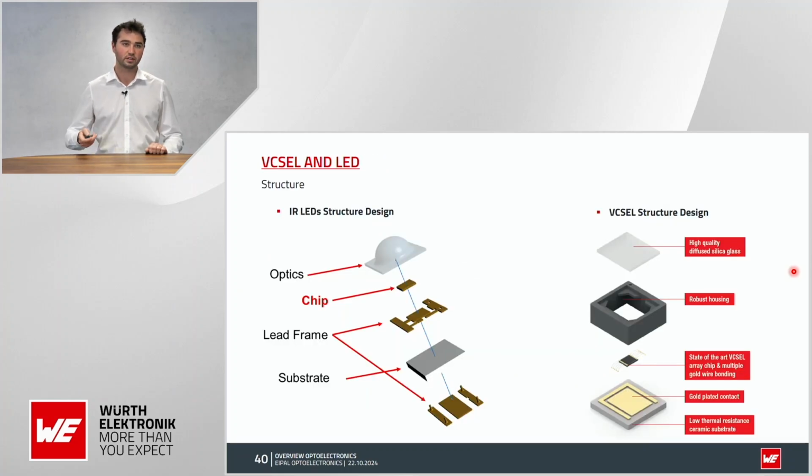For infrared, we have infrared LEDs, but we also have VCSELs that emit in the infrared range. So if you have an application where you have a big illumination, you can either use those ceramic type infrared LEDs, but you could also use a VCSEL, which gives a much more homogeneous irradiation.